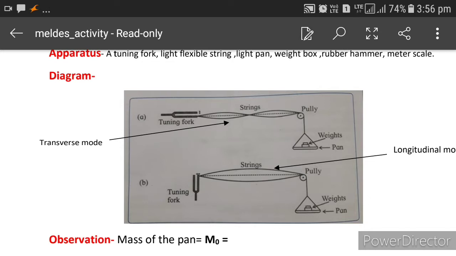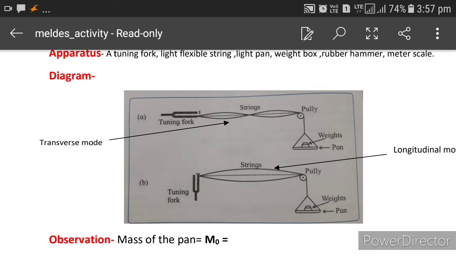Figure A shows the perpendicular position of the tuning fork, that means the fork is adjusted so that its arms or prongs vibrate perpendicular to the length of the string, and it is called the transverse position or transverse mode.